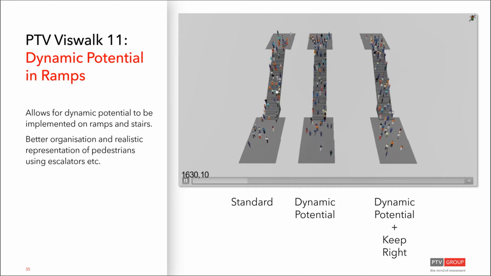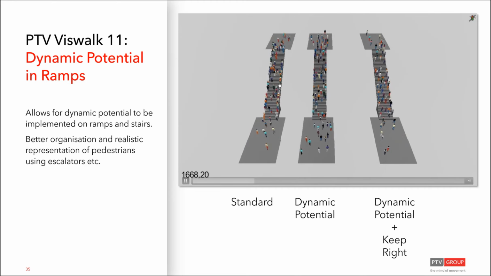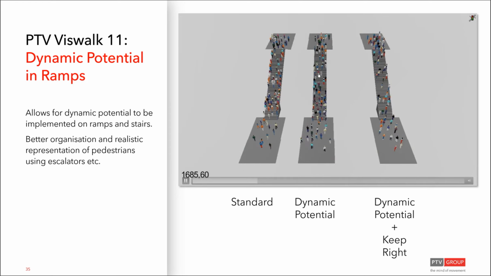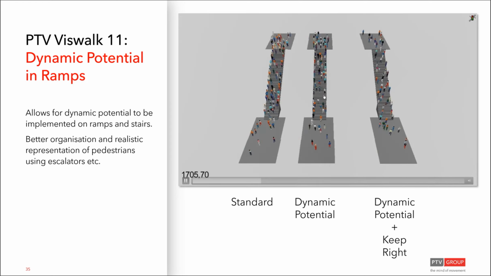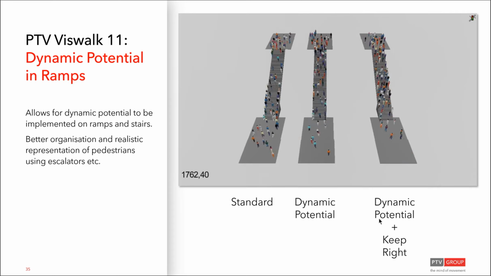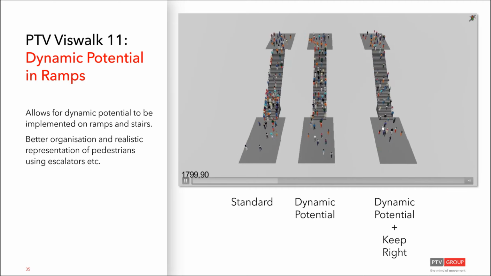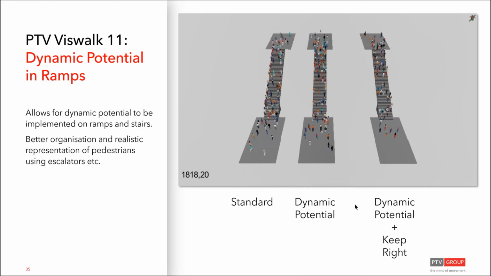As you see here on the left, in the standard where dynamic potential is switched off, they often face each other. But with the dynamic potential activated, they try to avoid the conflicts more precisely. And I think the best option is if the option is also activated that they should keep right on the stairs to have fewer conflicts.